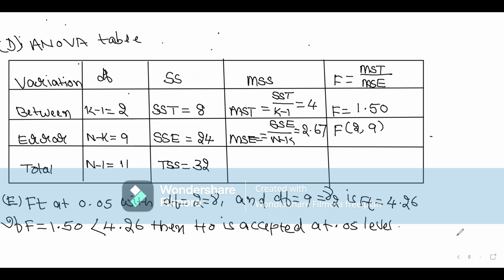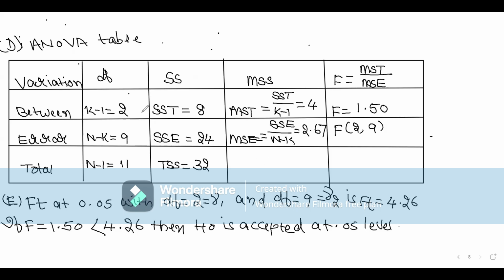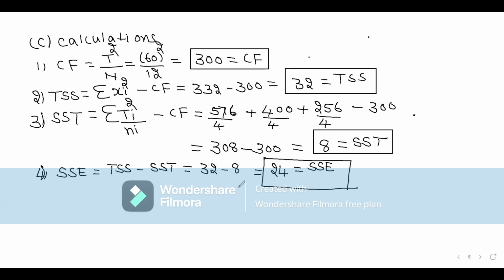Then SST, just now we have calculated SST, here 8. That 8 you have to enter there. And SSE, we have calculated just now, SSE 24, and the TSS also, 32 is there.